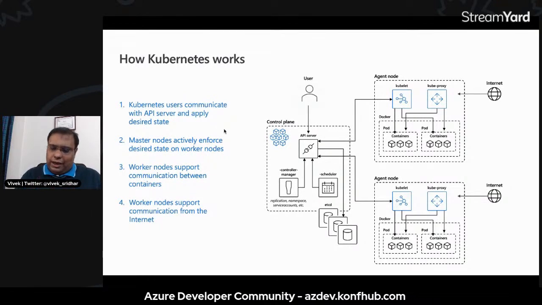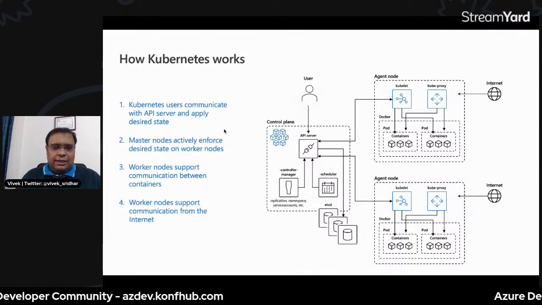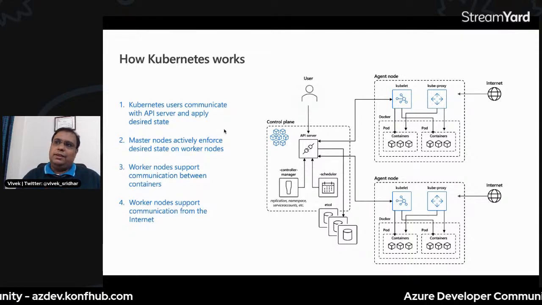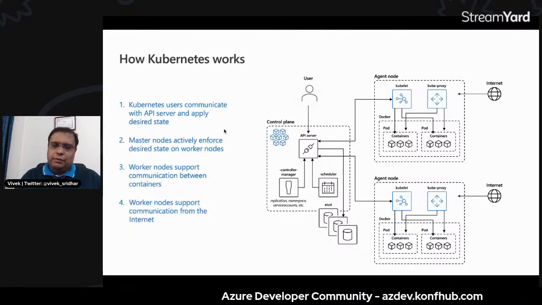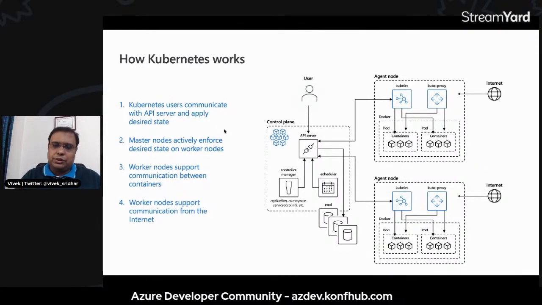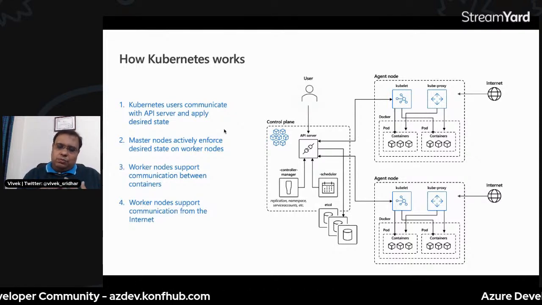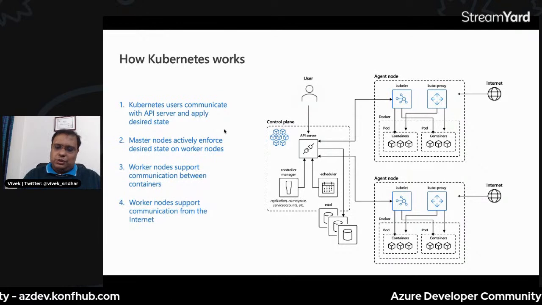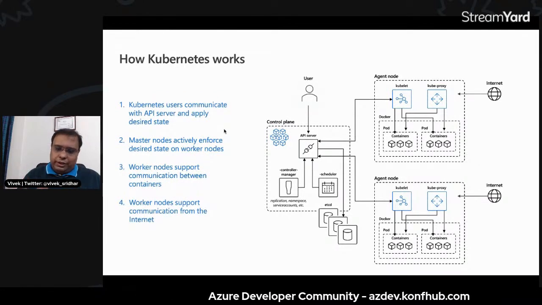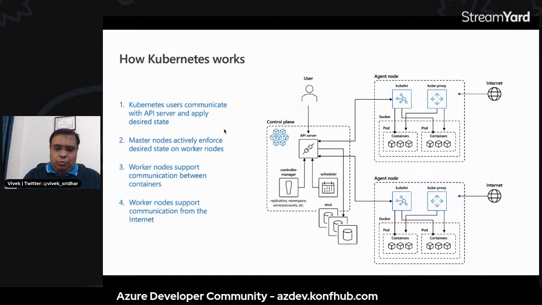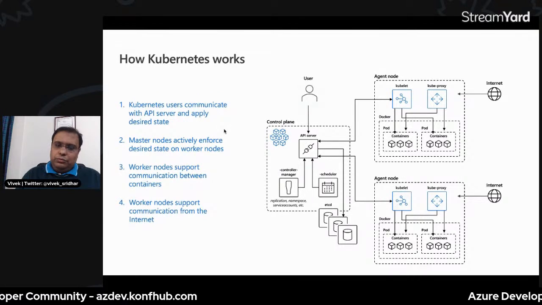As soon as you provide the information to the master through a YAML file, using the client, which is kubectl, it goes through the API server, the controller manager and the scheduler, and also etcd, which is a key-value, in-memory database holding all the information about the complete cluster.